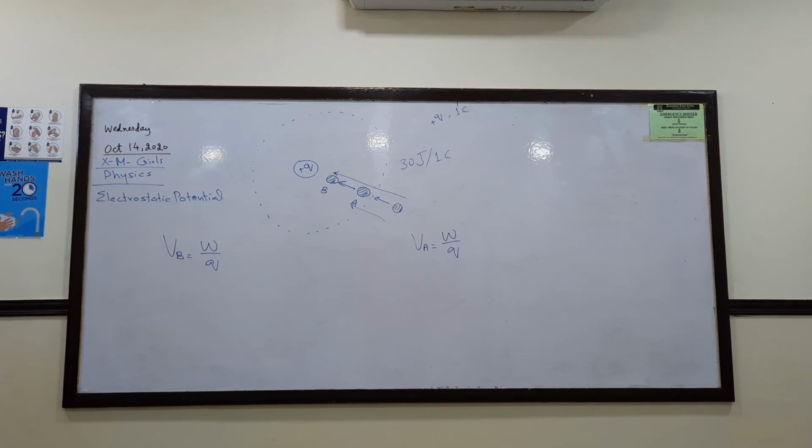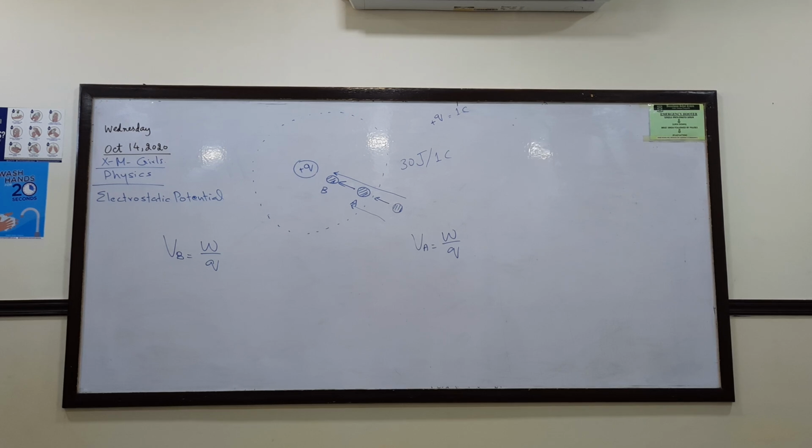Electric potential at a point in an electric field is equal to the amount of work done in bringing a unit positive charge from infinity to that point.